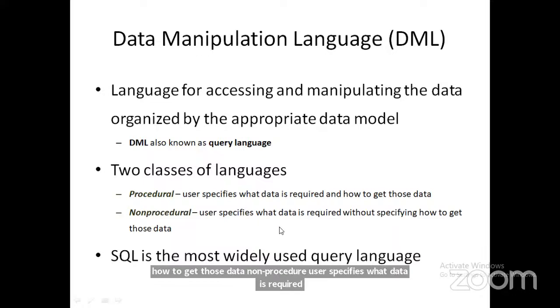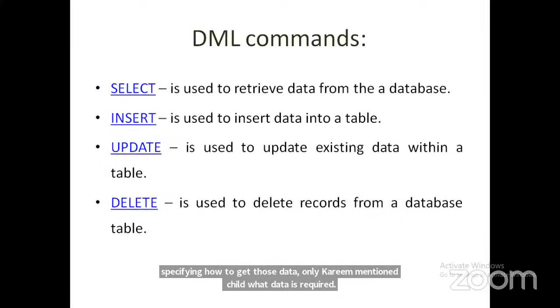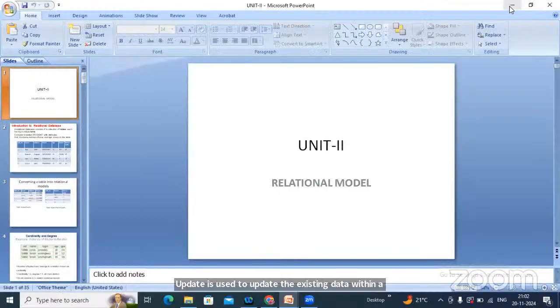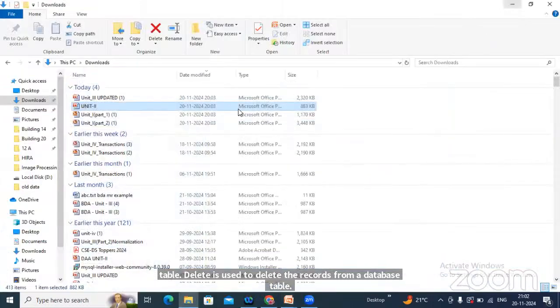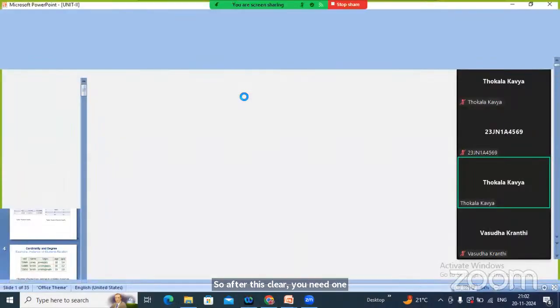Only what data is required needs to be mentioned. SQL is the most widely used query language. Select is used to retrieve data from the database. Insert is used to insert data into a table. Update is used to update existing data within a table. Delete is used to delete records from a database table. Next, coming to unit 3. Up to this, is it clear, unit 1 and unit 2?